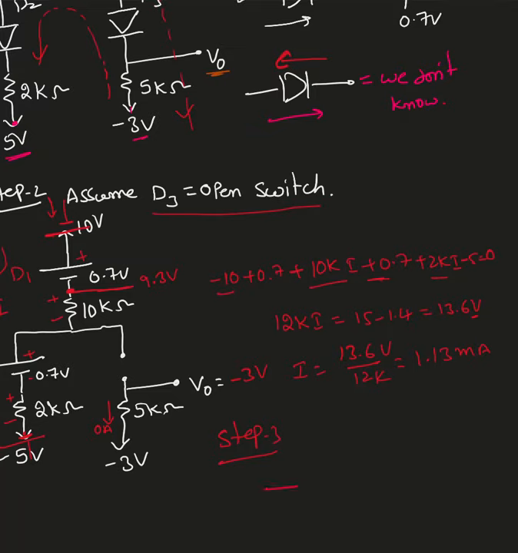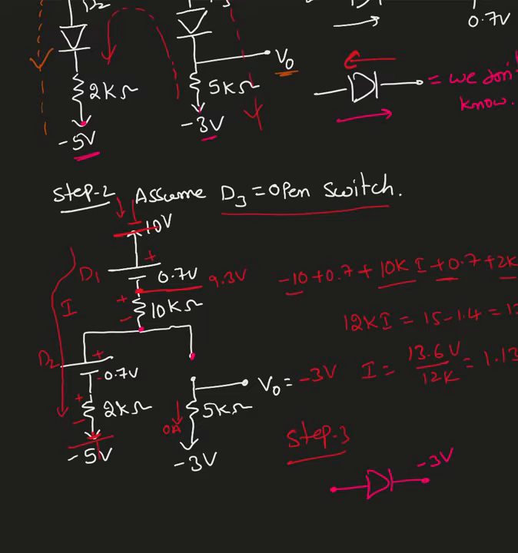We know that the diode is going to be open when the anode voltage is less than the cathode voltage. I know the cathode voltage here is minus 3 volt. Now what is the voltage at this point? Can we find the voltage there? To find it, I know the current passing through this. Let me take this as Vx.